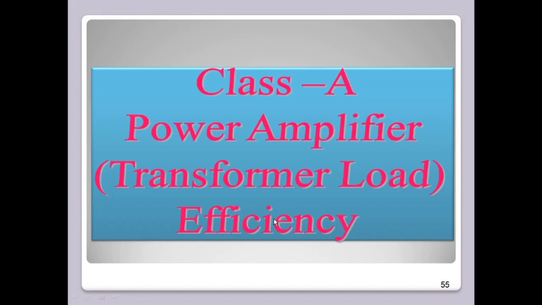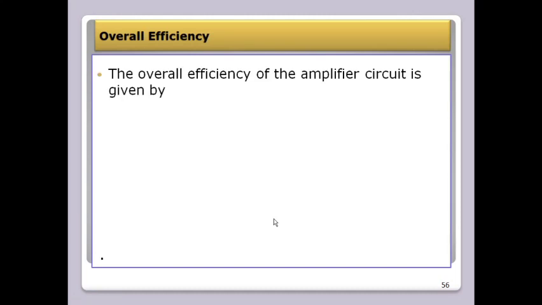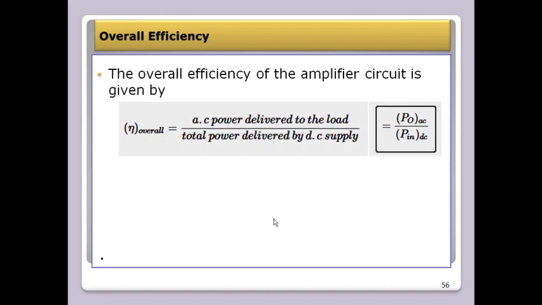So let us derive the efficiency of this transformer coupled class A power amplifier. The overall efficiency of the circuit is given by the AC power delivered to the load by the total power delivered by the DC supply, because we supply a DC power and then convert it into AC power.